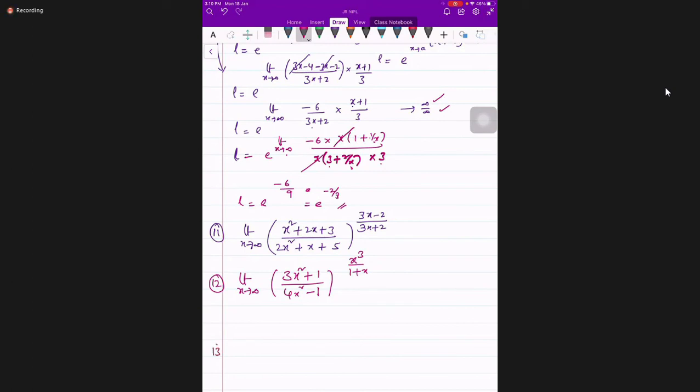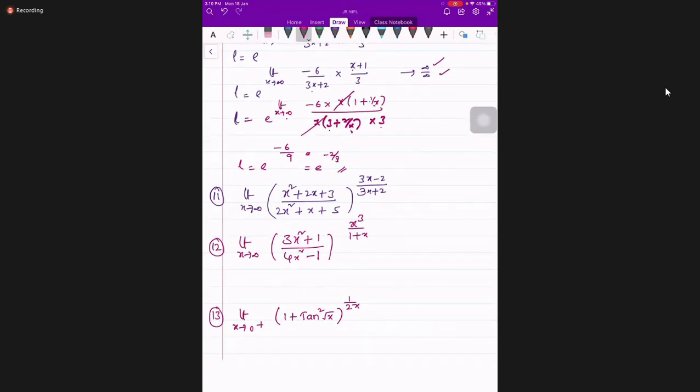If you start solving, no doubt, it's a simple concept. Sir, 3 by 4 whole power infinity.